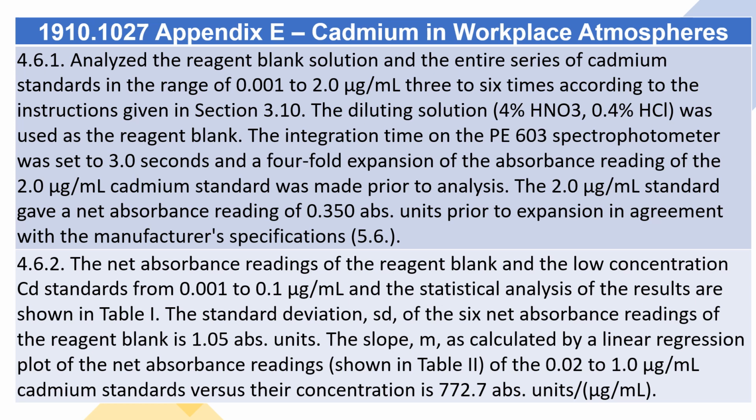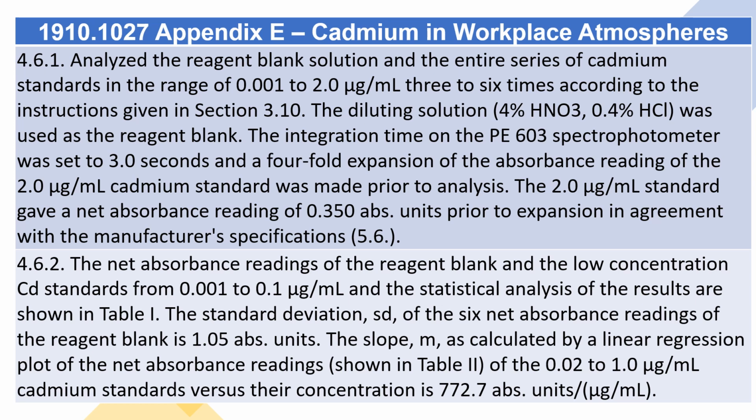4.6.1. Analyzed the reagent blank solution and the entire series of cadmium standards in the range of 0.001 to 2.0 µg/ml 3 to 6 times according to the instructions given in Section 3.10. The diluting solution, 4% HNO3, 0.4% HCl, was used as the reagent blank.